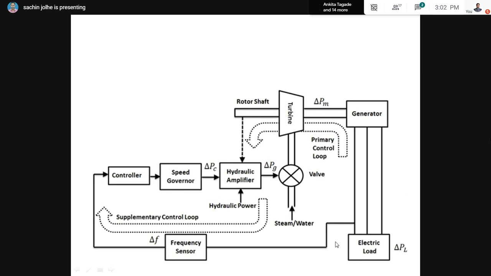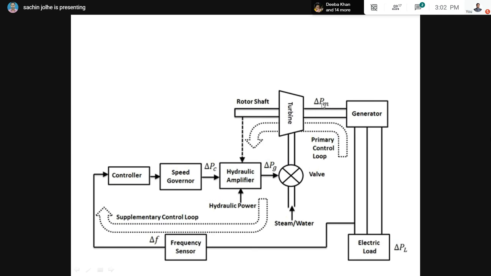What is going to happen if the load changes to its maximum? It is going to exert much more load on the generator, so the generator's speed is going to drop down.